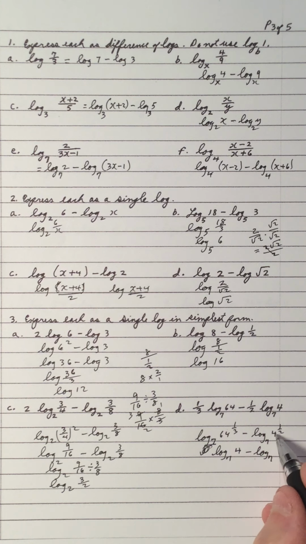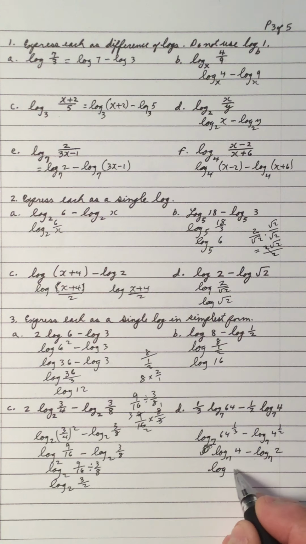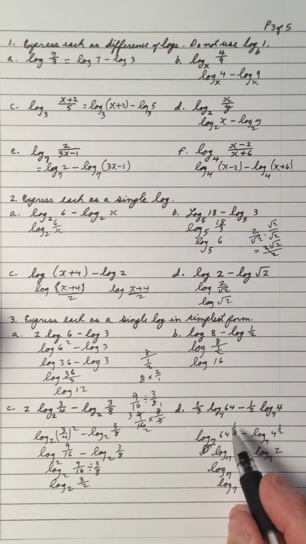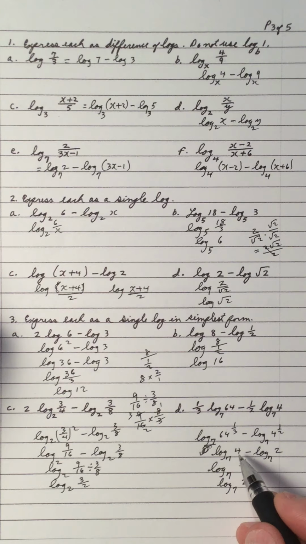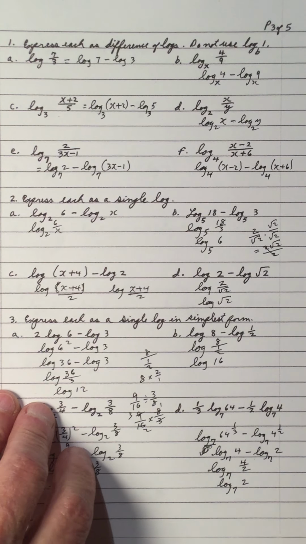And 4 to the 1/2, the square root of 4, is 2. And that's the subtraction of logs, so it's a division. So it's 4 divided by 2. Base is 7. This is a 2. So notice the power rule goes first, work out the powers, and then subtraction is a division.